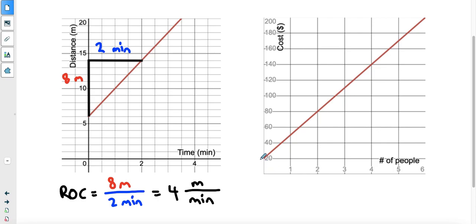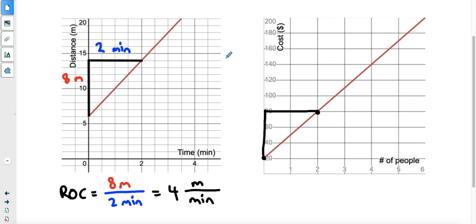And the thing to remember here is you can pick any 2 points on the line to find the rate of change. It does not matter. So I'm going to pick these 2 points and connect them with a triangle. And then I'm going to use my formula, rise over run, to find the rate of change.